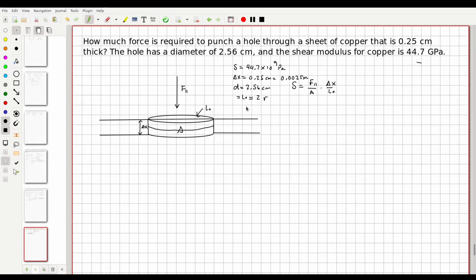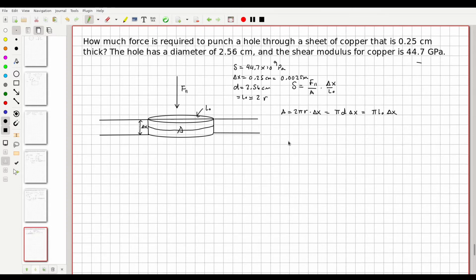Now, the area that we're looking at here is the circumference of the circle times the depth. So our area is 2 pi r times delta x, or you can think of it as pi times the diameter times delta x, or again pi times L naught times delta x.